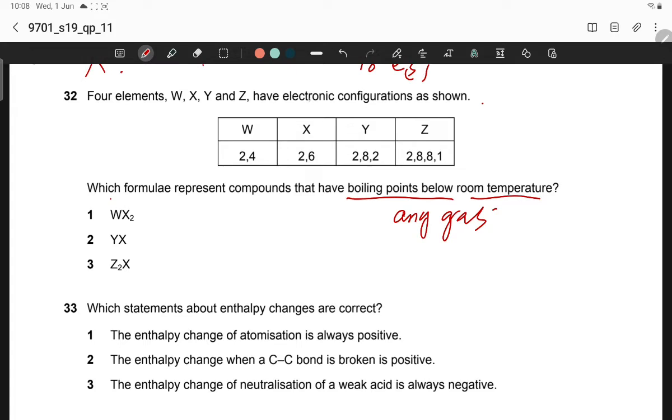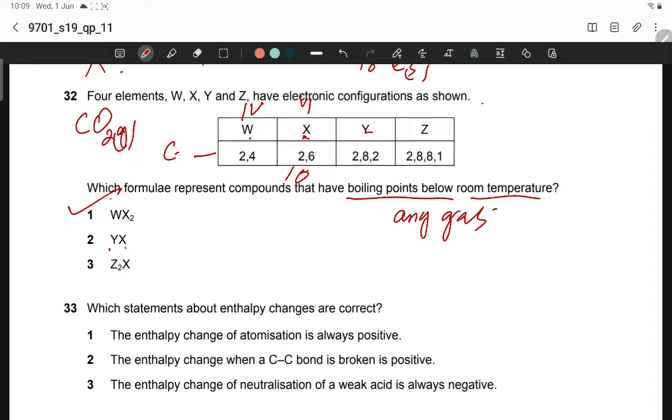WX2, this is group 4 and this is group 6, so this is carbon and it is oxygen. So CO2 is formed. This is gas and its boiling point is lower than room temperature. So if W is carbon and X is oxygen, then it is the correct option.